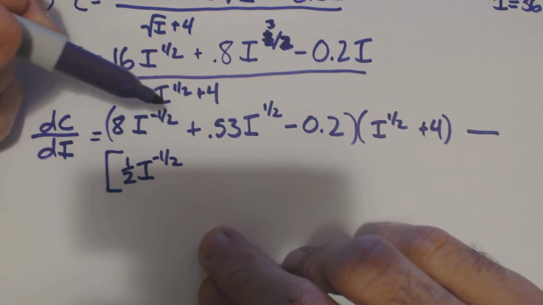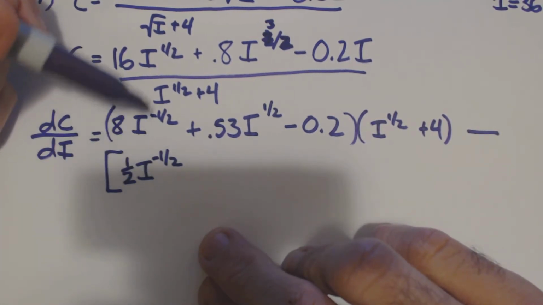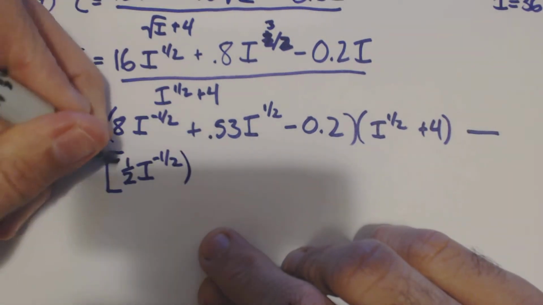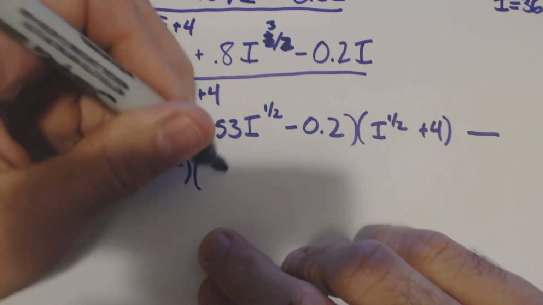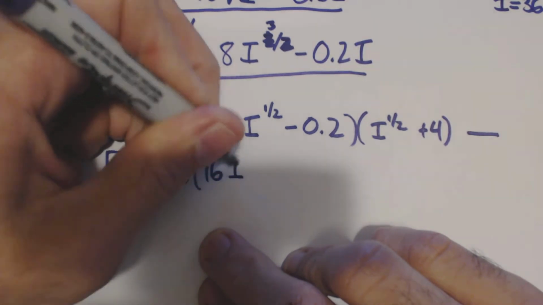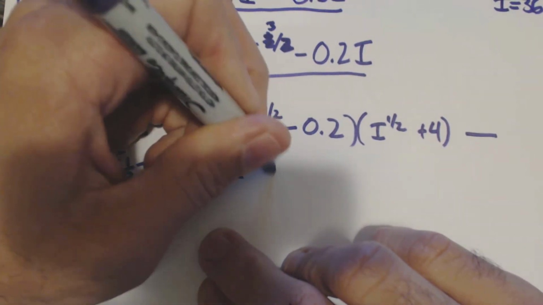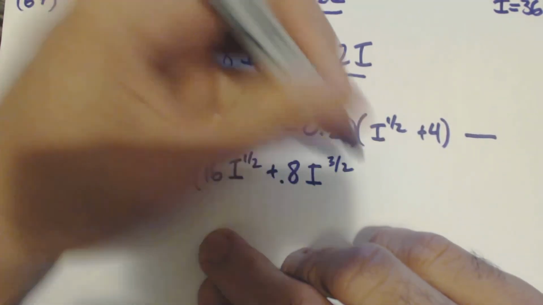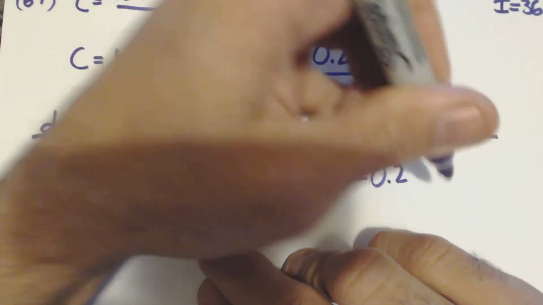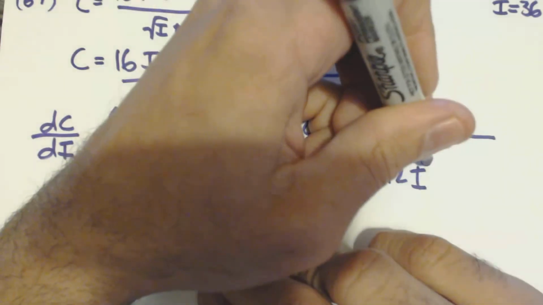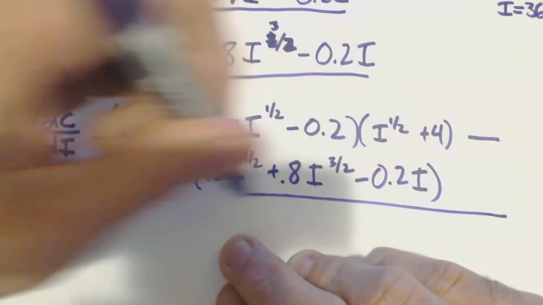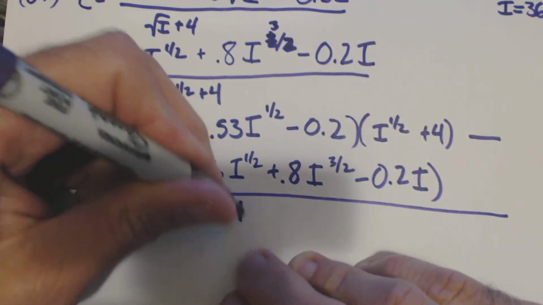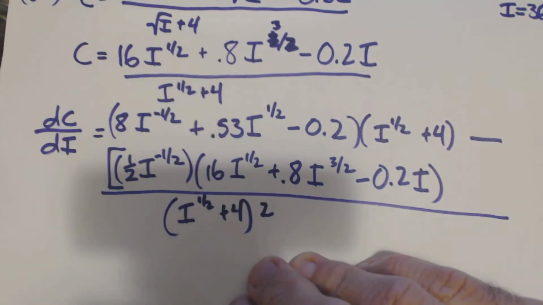So we got this term, the derivative of the bottom function times the top function, which is 16 I raised to the 1/2 plus 0.8 I raised to the 3/2 minus 0.2 I. That's going to be all over I raised to the 1/2 plus 4, squared.